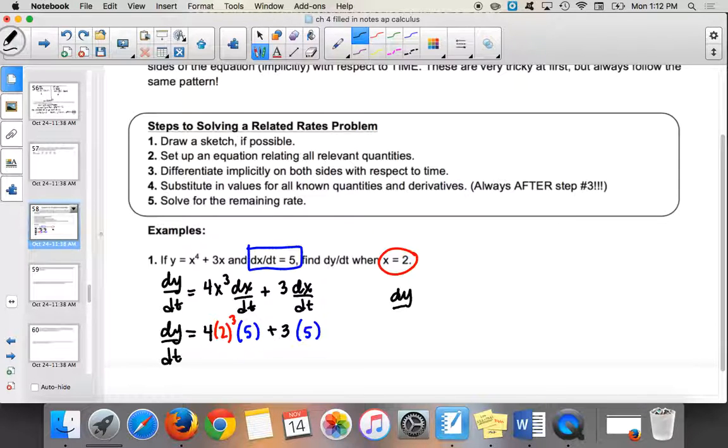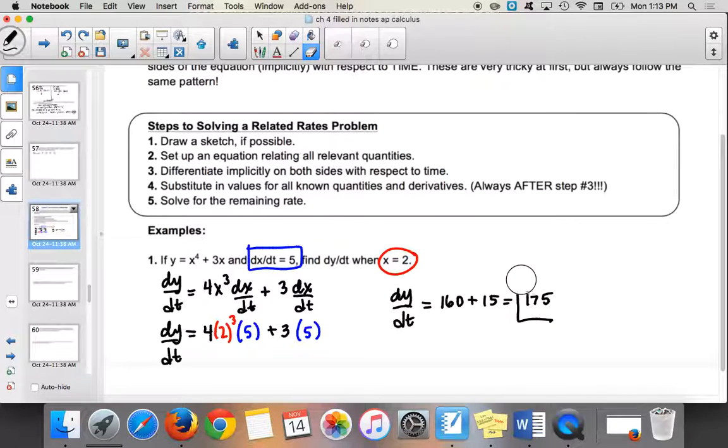So dy over dt is going to equal 4 times 5, which is 20, times 8, which is 160, plus 15. I think I'm right. All right, so I get 175, and that would be the rate of change of y with respect to time.